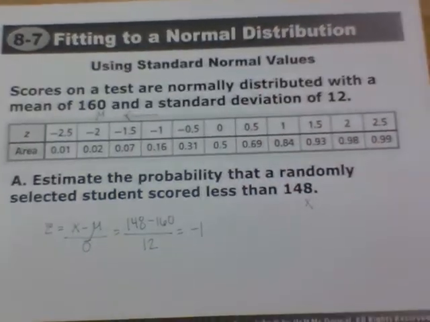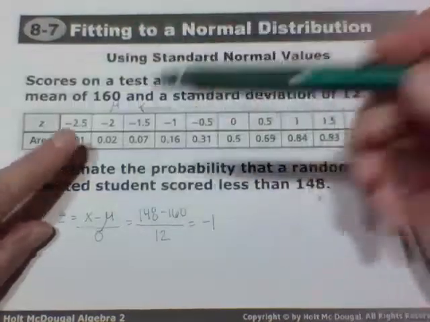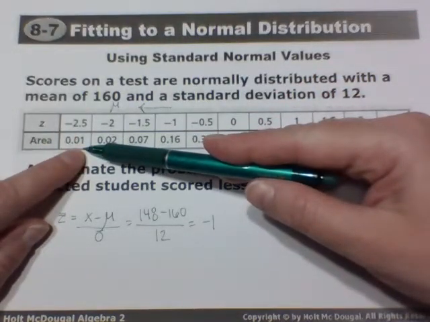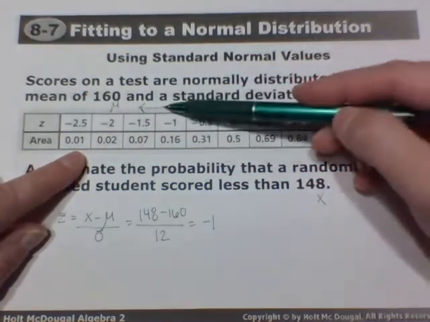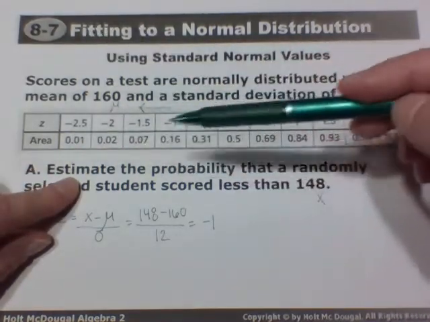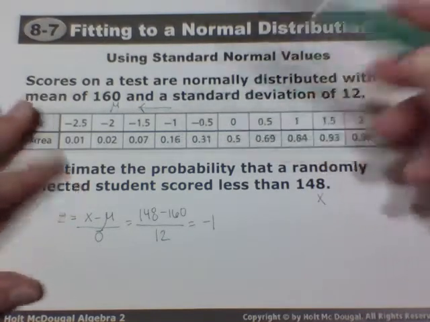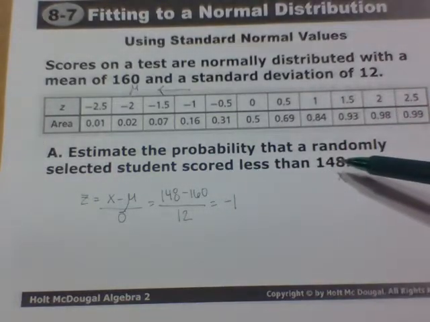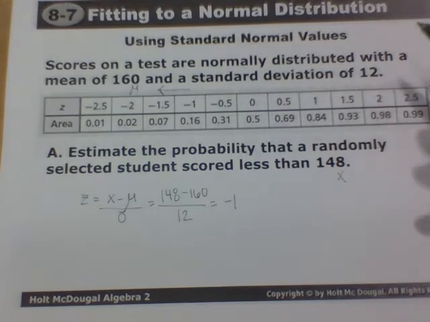And so again, this is your area. From -2.5 on is 0.01 of a likelihood. So 1% likely, 2% likely, 7%. But once we get to this area, below it, there's 16% of the bell curve filled in. So the probability the randomly selected student scores less than 148 is going to be 16% of the time.